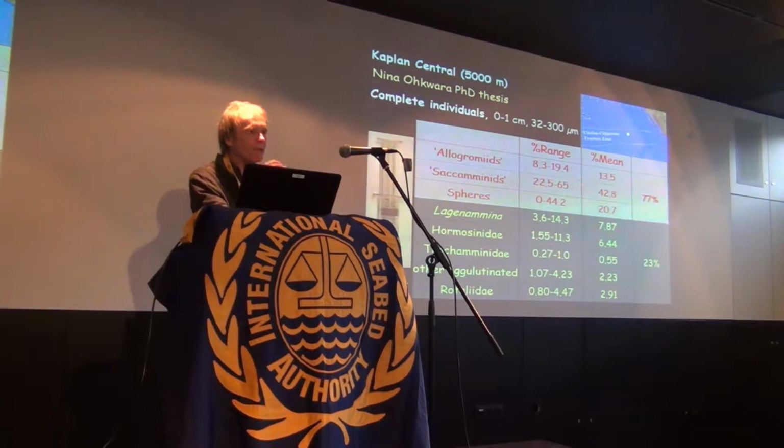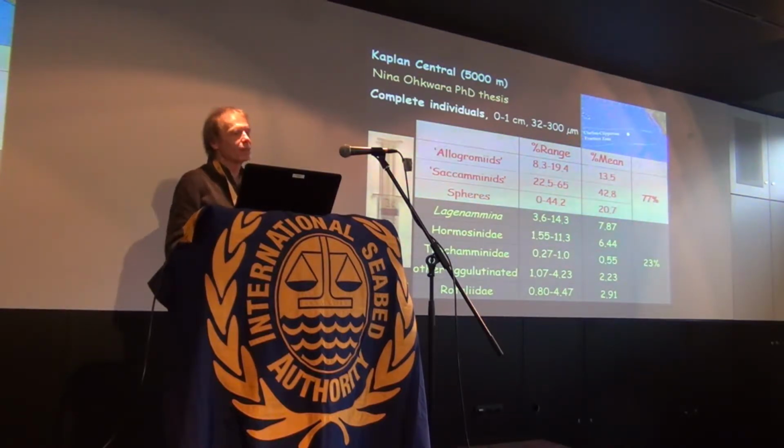This is one of the very few studies that's used the 32 micron size fraction. And she found that 77% of the forams were monothalamids, so allogromiids, saccamminids, and spheres, and the rest were multi-chambered taxa. So the monothalamids were dominant.